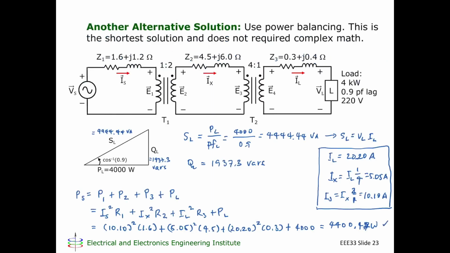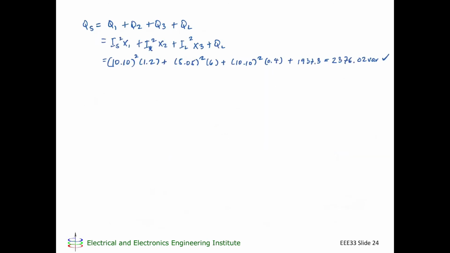We haven't determined yet what is the RMS value of V sub s. We know that the apparent power of the source, again this is not a phasor, is equal to the square root of P of S squared plus Q of S squared, both of which we have already determined. This will give us 5000.96 volt amperes.